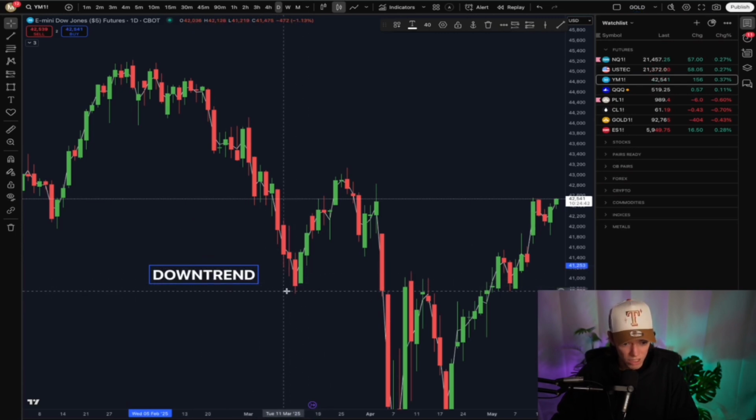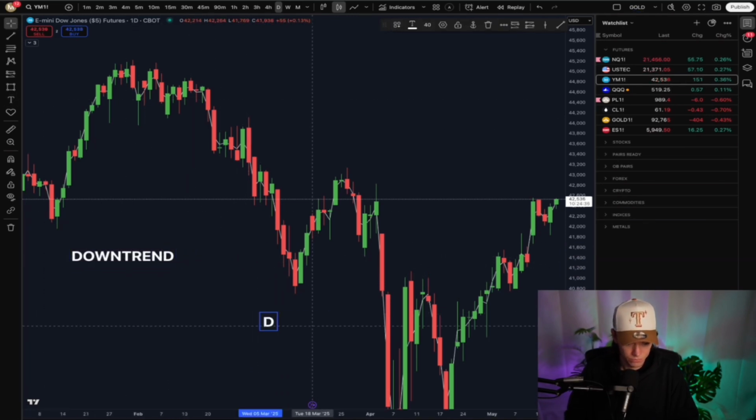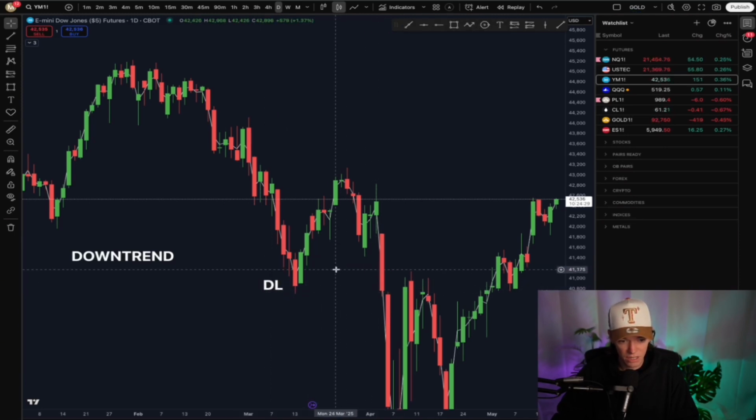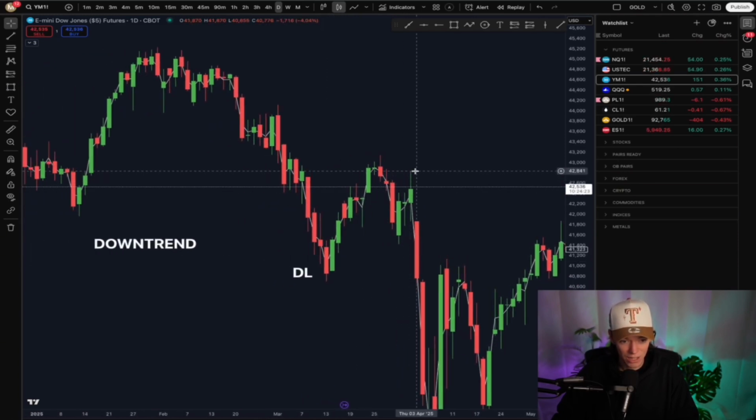So now we're going to say this is our downtrend low. Okay, downtrend low. And now we need to find the last high that we had before this downtrend low happened.